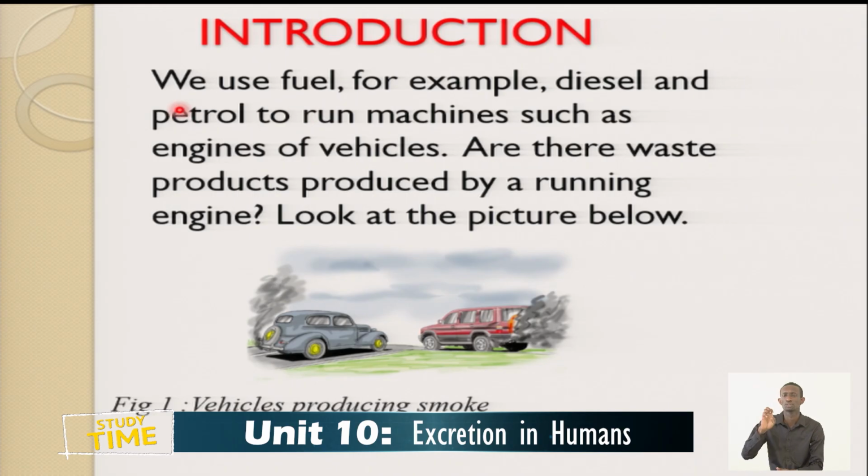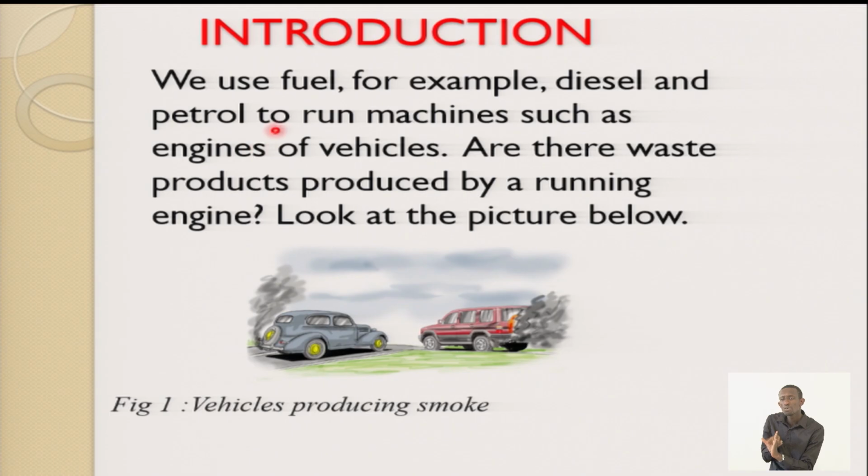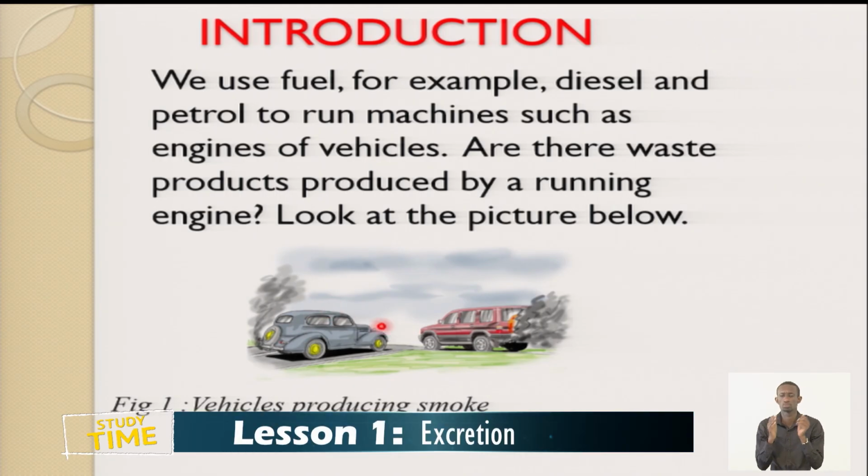We use fuels, for example, diesel and petrol, to run machines such as engines of vehicles. Look at these diagrams, because these running engines normally release waste products from their exhaust pipes. So why do these cars have to remove these waste products?